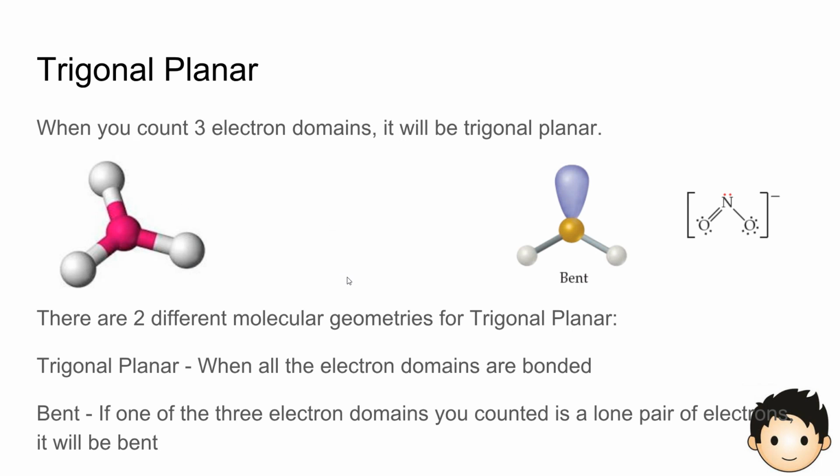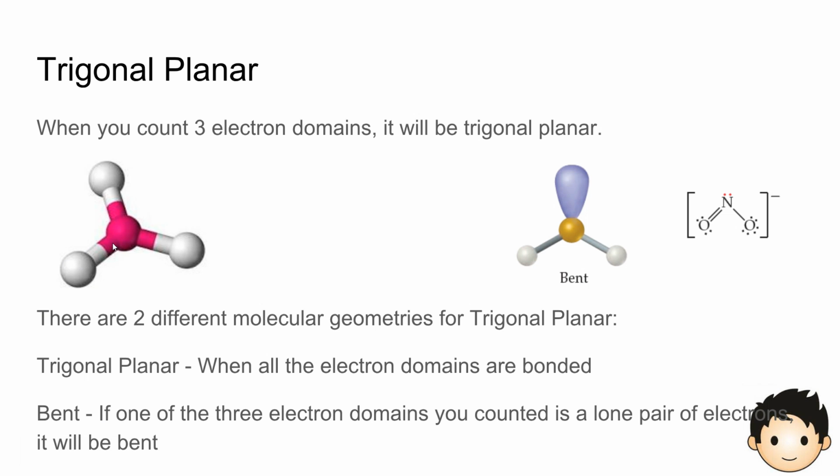And then this is where it starts to actually get confusing. When you have three electron domains, it's always going to be trigonal planar. For trigonal planar, there's going to be two different molecular geometries: the trigonal planar, and then the bent. Trigonal planar is when all the electron domains are bonded.